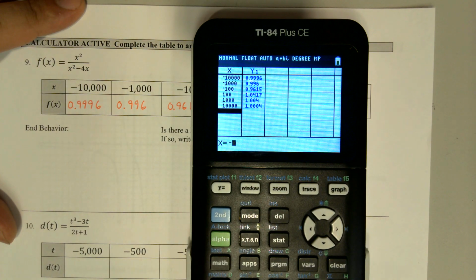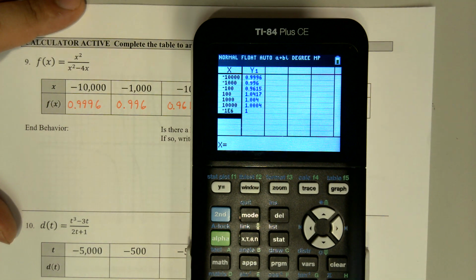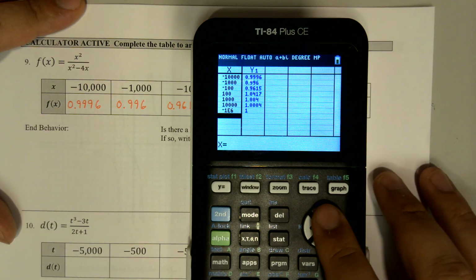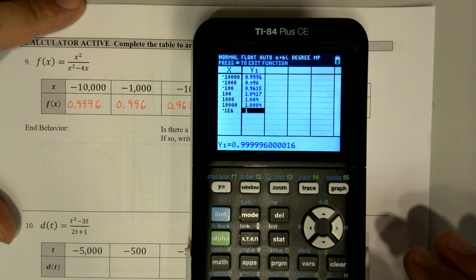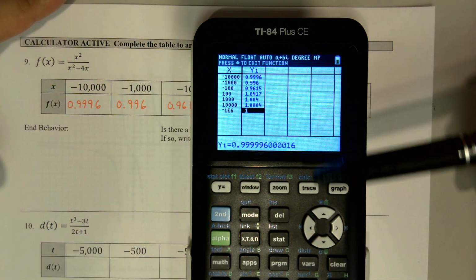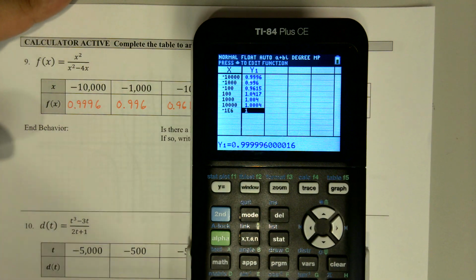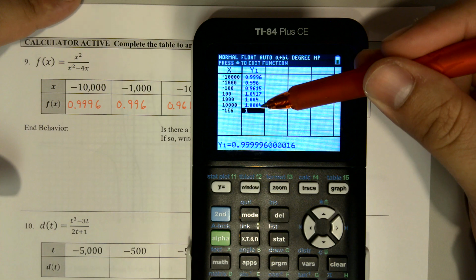Like, what if I type in negative, let's see, that's 1,000, 10,000, that's negative 100,000. What if I type in negative 1 million? Now it's just saying 1. Now it's not actually 1. If I scroll over and highlight that 1, it gives me more decimal places. In this column here, it only goes out to 4 decimal places, and then it rounds it.